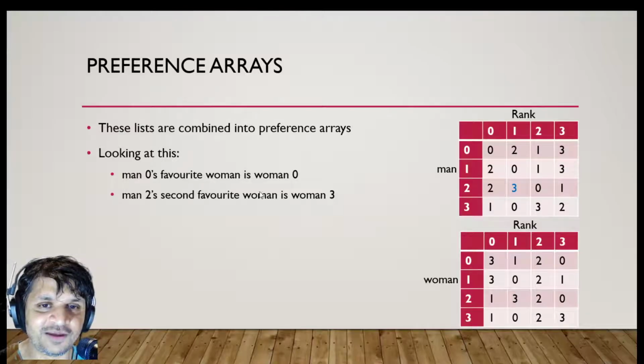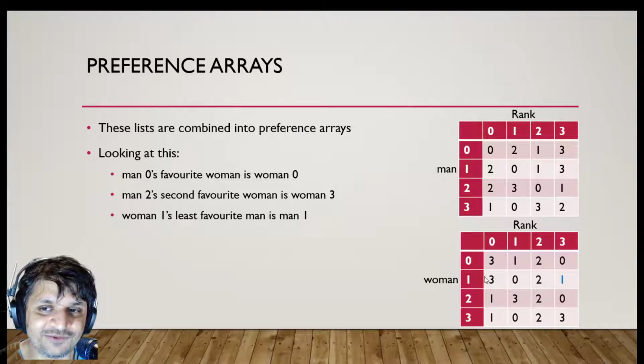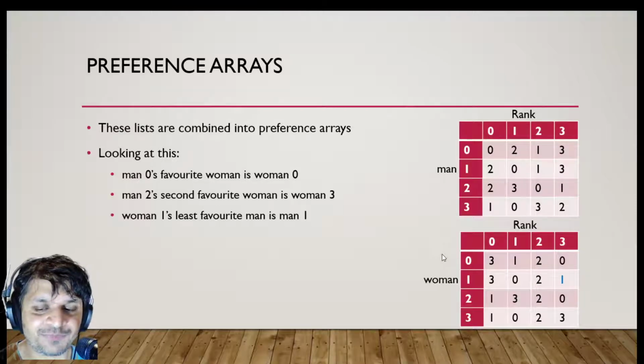Right? We could similarly say man 2's second favorite woman is woman 3. Okay, so she's got a rank of 1. Rank 0 is the best rank. So this is the second favorite. We could say woman 1's least favorite man is man 1, right? He's the man at the bottom of her preference list, or at the end of her preference list.